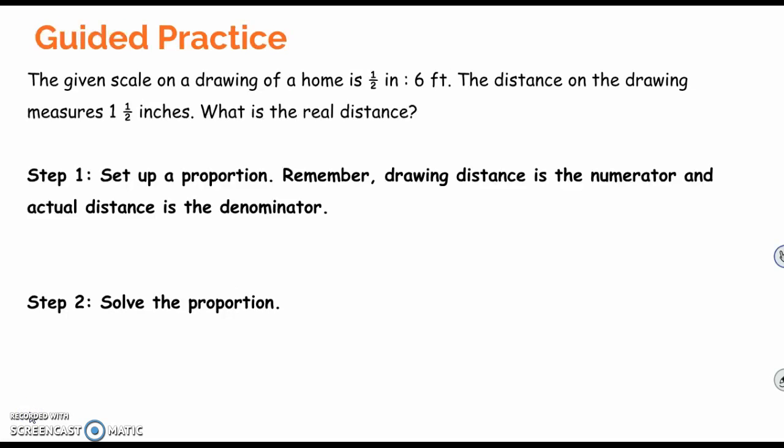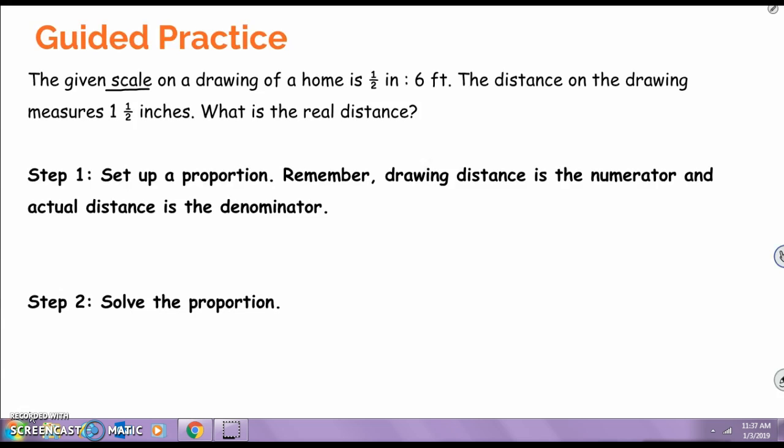Let's look at another practice problem. You may want to copy this down somewhere. The given scale on a drawing of a home is 1/2 of an inch to 6 feet. The distance on the drawing measures 1.5 inches. What is the real distance? The given scale is listed as 1/2 of an inch to 6 feet.